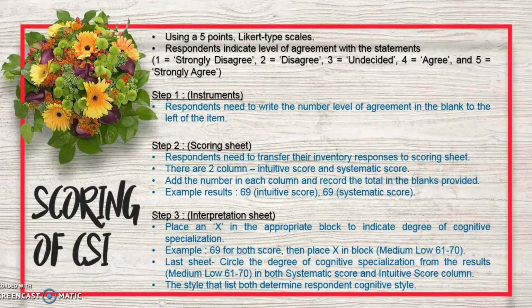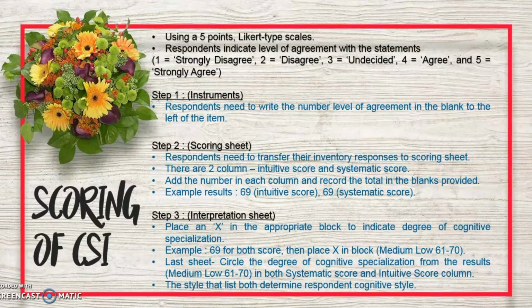Okay, for the last sheet, the interpretation sheet, the respondent needs to circle the degree of cognitive specialization from the result, which is medium low 61 to 70. Our respondent gets 69, so she needs to circle the degree of cognitive specialization, which is medium low 61 to 70, in both the systematic score and intuitive score columns.